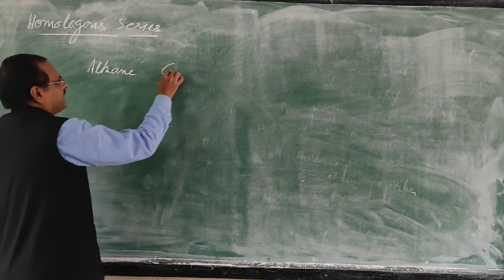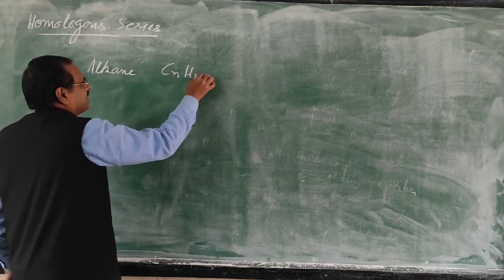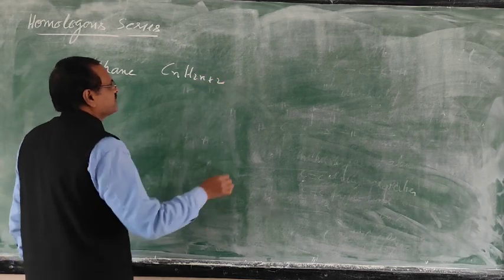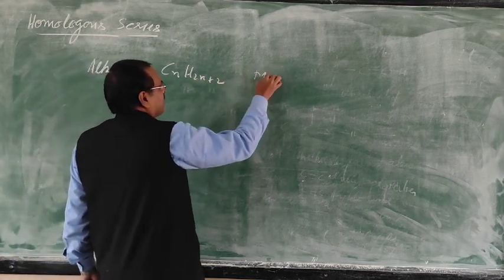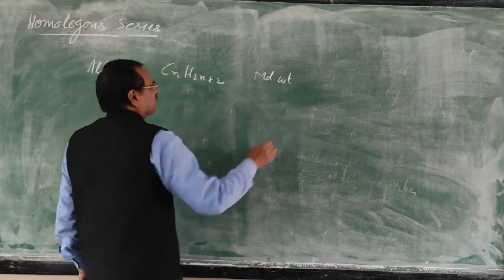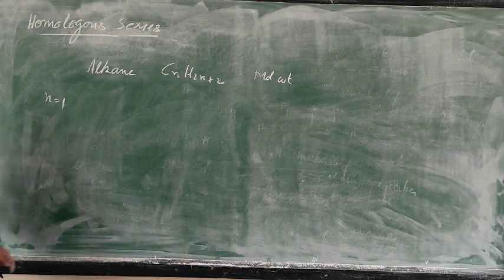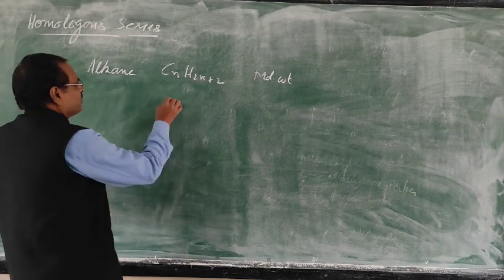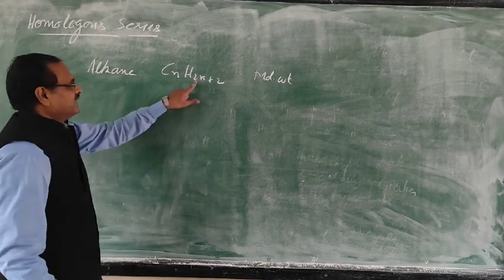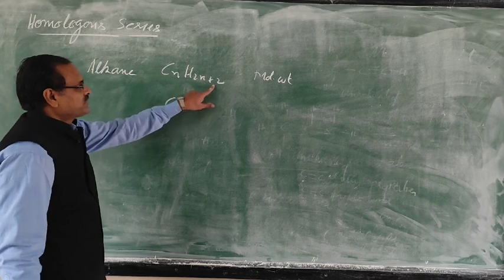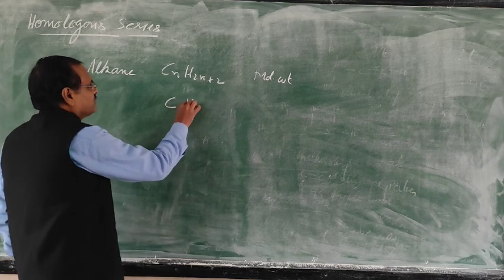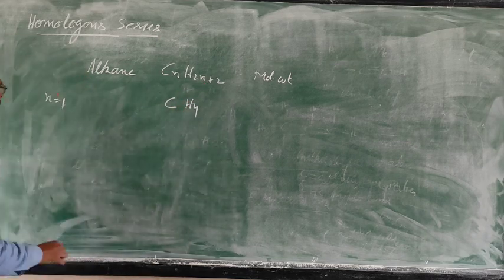Alkane general formula is CnH2n+2. Then here we will write the molecular formula. Just take n equal to 1, so C1, no need to write C1, and then 2 times 1 is 2, plus 2, 4. So that will become CH4.